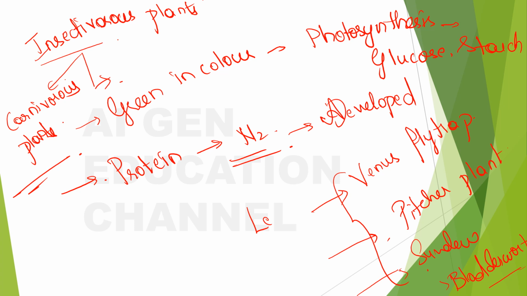So the mechanisms are different, the structures are different, the adaptations are different, everything is different. Every plant I have mentioned here has its own peculiarity, its own modifications and adaptations, so that they can catch hold of the insects. Now let us see a couple of examples of how these structures would be.